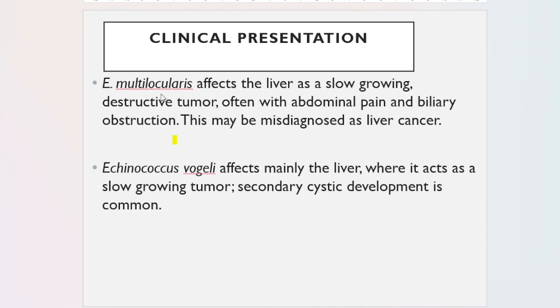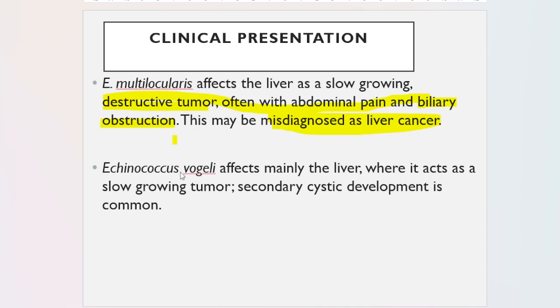Okay, so E. multilocularis affects the liver as a slow-growing destructive tumor, often with abdominal pain and biliary obstruction. So kakaiba, diba? Parang tumor, may abdominal pain, and may biliary obstruction, wherein it can be misdiagnosed as a liver cancer. Pwede daw misdiagnose ang Echinococcus multilocularis infection.